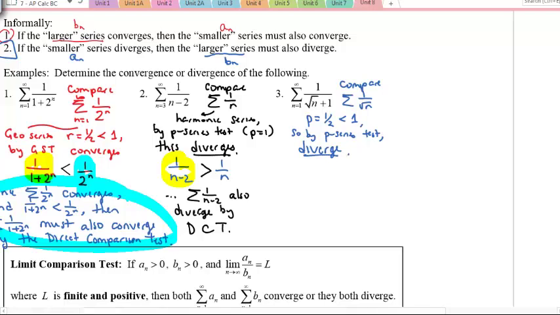Okay. And then once again now, let's compare the root n plus 1 with 1 over root n. This must be bigger than that since it's plus 1. The reciprocal means it must be then less. So notice in this case what I've said to you is the larger series. This is the larger one, right? Larger diverges.